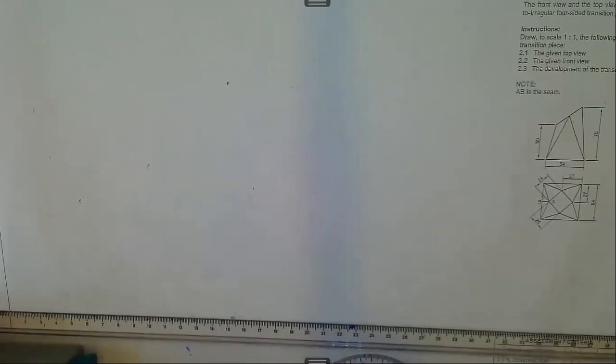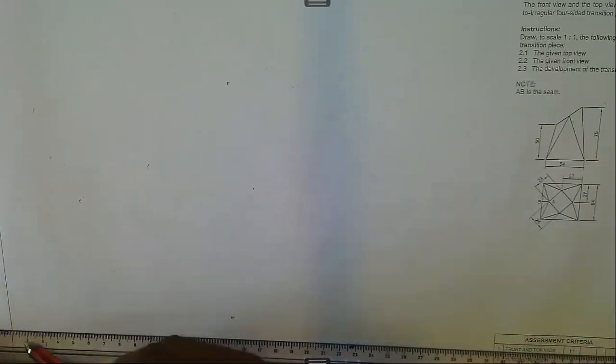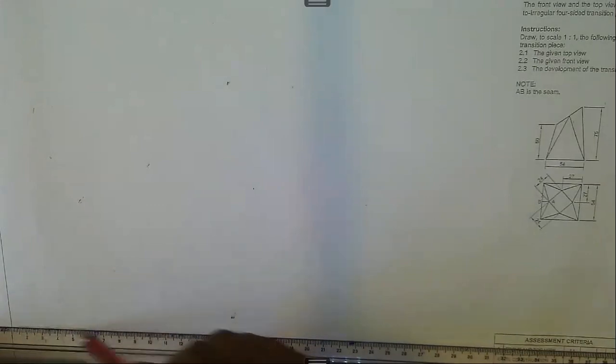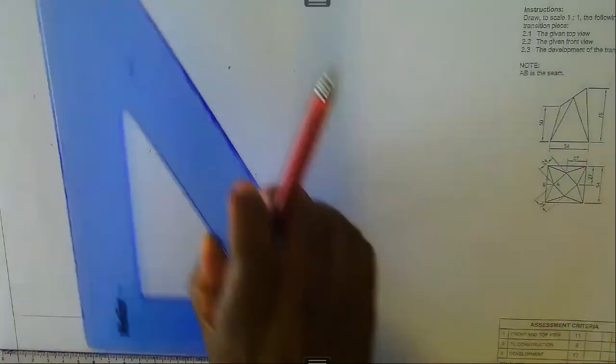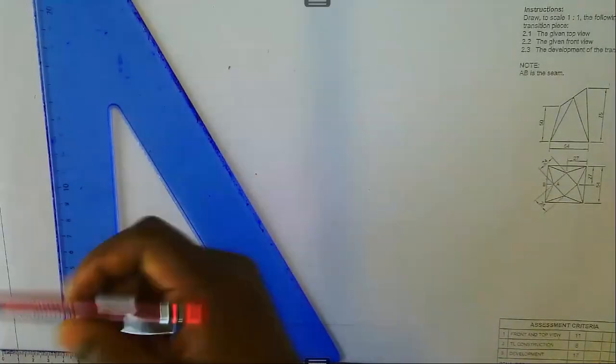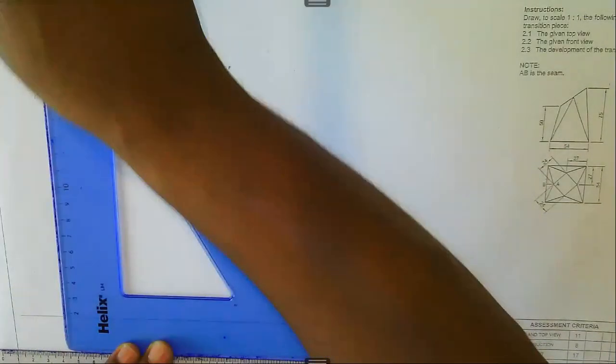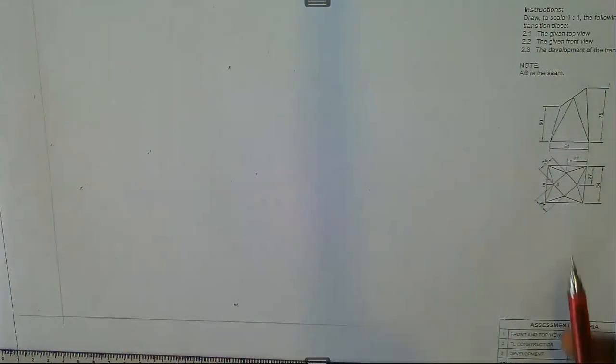I will start by drawing a faint horizontal line like this. The square, the big one, is 54, so measure 54.